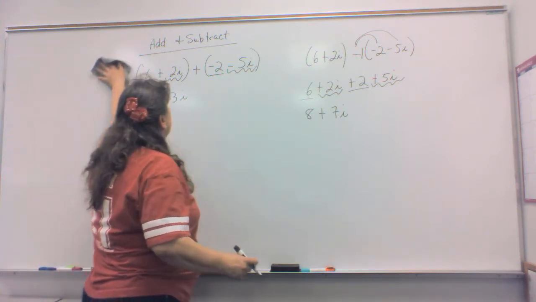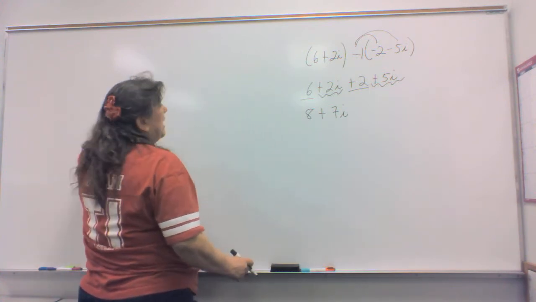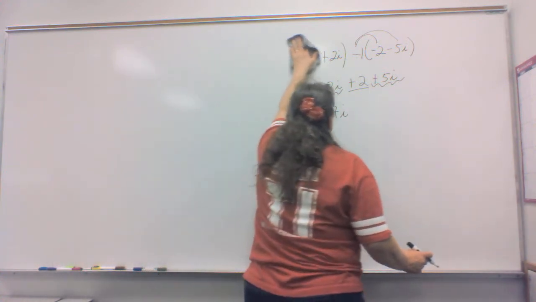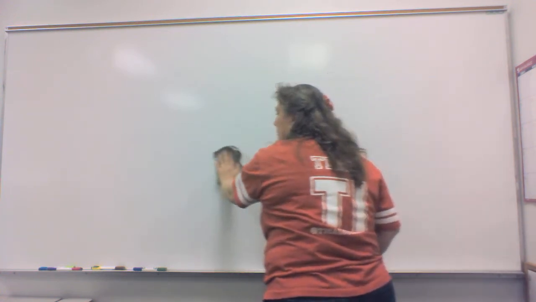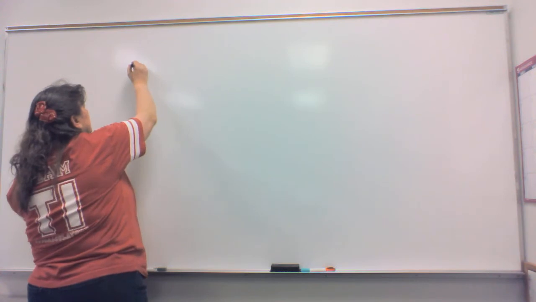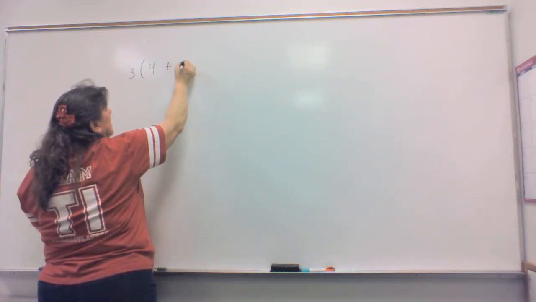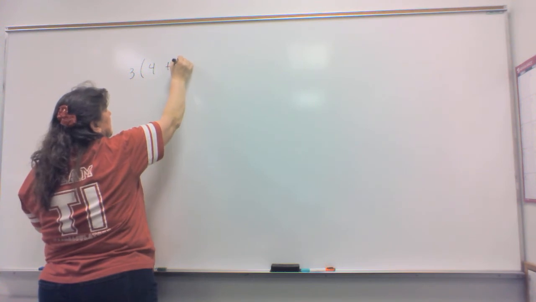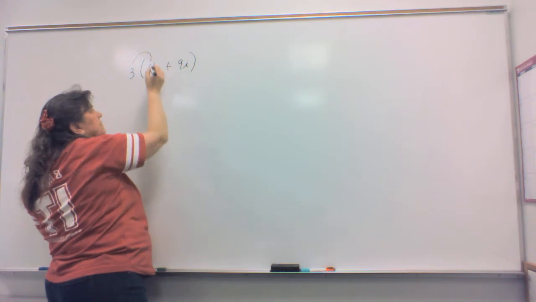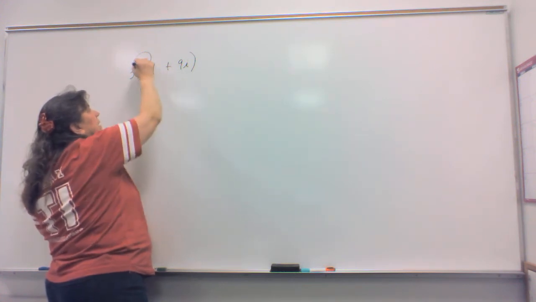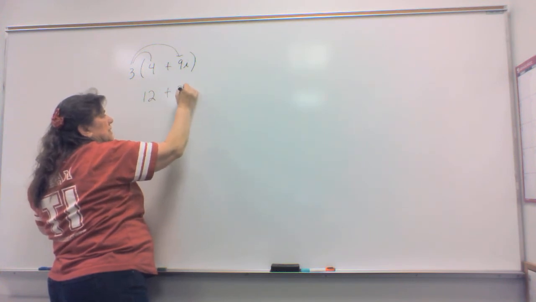Now let's look at a multiplication of a monomial before we add and subtract these, and watch what happens now. So let's do 3 times 4 plus 9i. Okay, 3 times 4 is 12, and 3 times 9i is plus 27i.